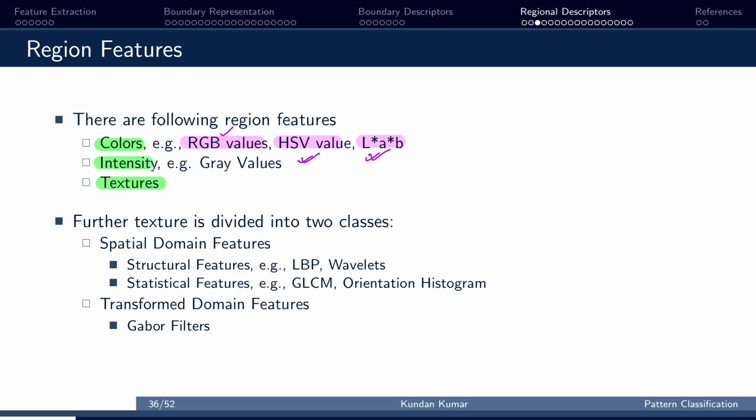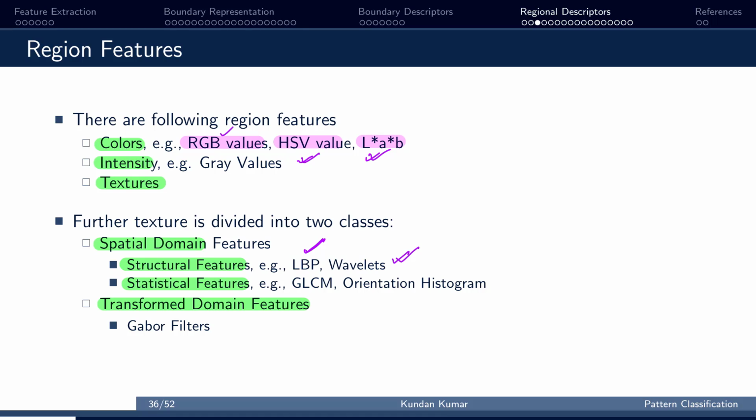We can extract the texture features in the spatial domain and also in the transform domain. The spatial domain is further classified into structural features and statistical features. We have just seen the statistical features like moments, mean, variance, kurtosis. The structural features are very specific, like local binary pattern, wavelets.